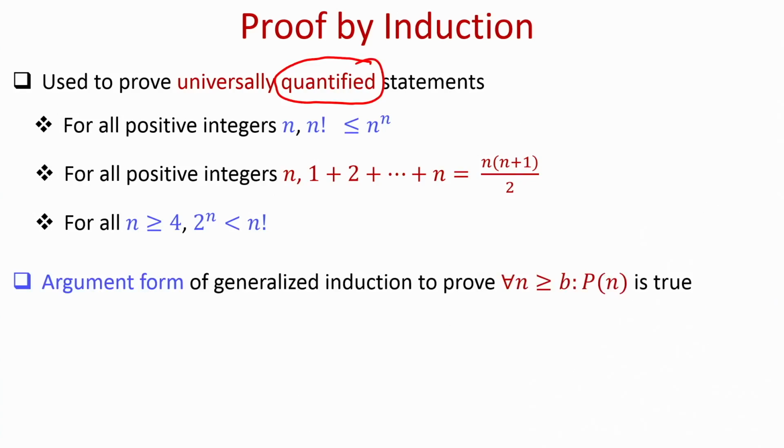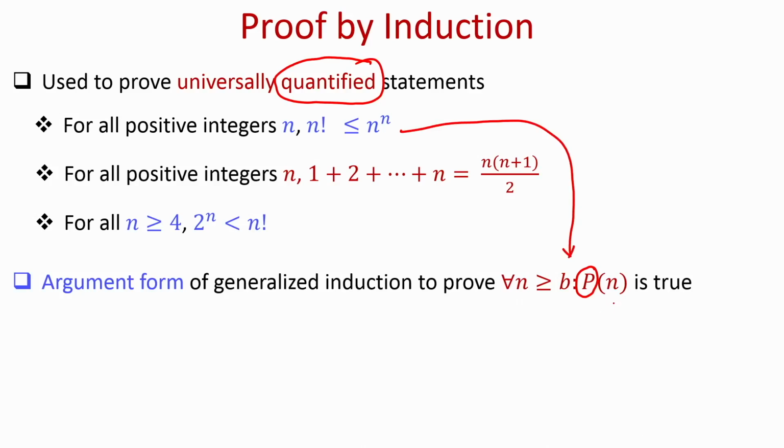And what is the argument form of an induction proof? Imagine P is a property or a predicate, and you want to prove that the property P is true for all values of n starting from B onwards. For instance, in the first statement here, the property P is that n factorial is less than or equal to n power n.